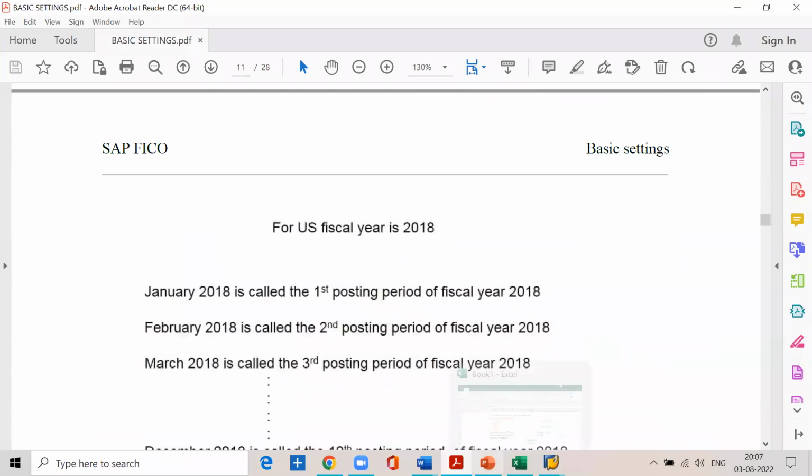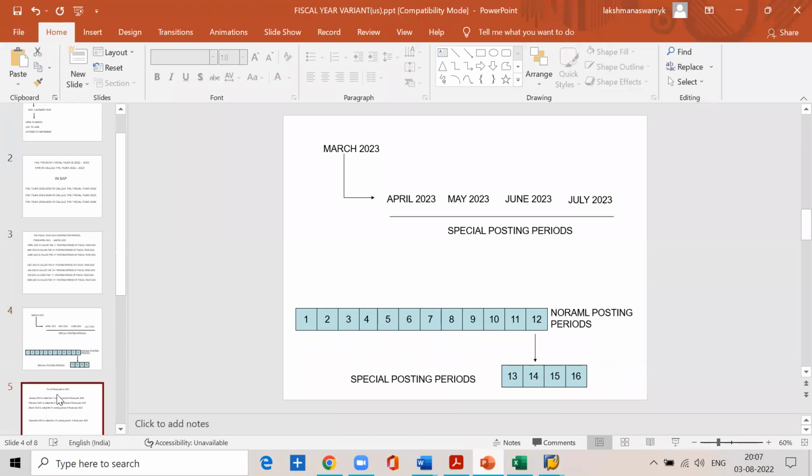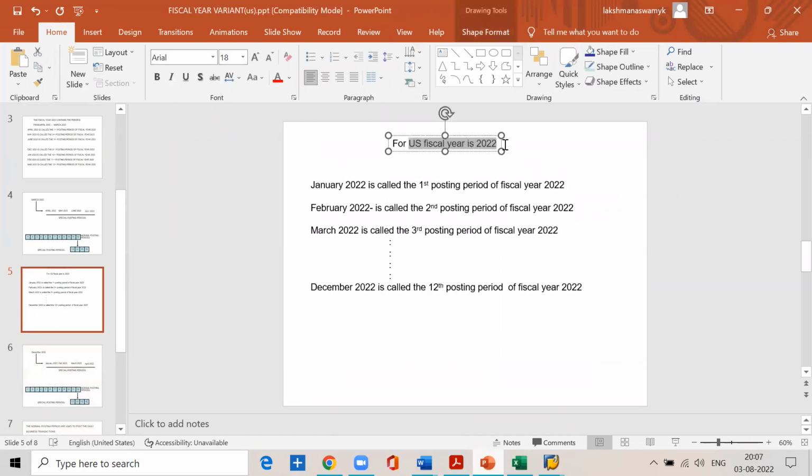Then in the case of USA companies, current fiscal year is 2022. So in USA, the fiscal year is the calendar year, right? So calendar year is 2022, and fiscal year is also 2022. Calendar year means it contains the periods from January 2022 to December 2022.